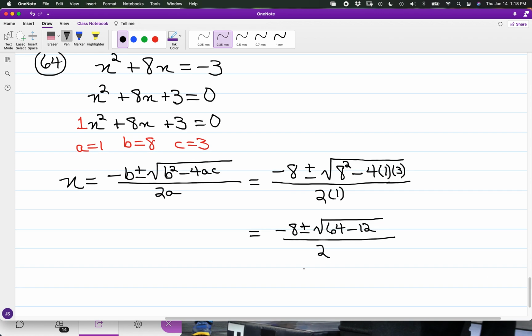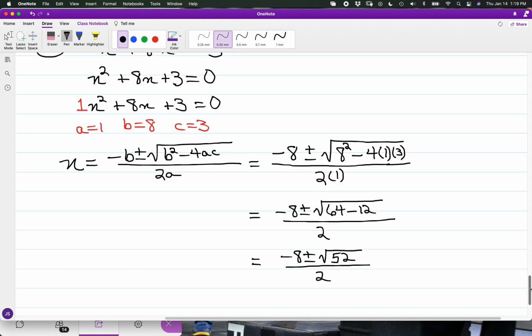Now we're going to have a situation where radical reduction will be performed. We have the square root of 52 from taking the difference between 64 and 12. Just to move over to the side here, we have the square root of 52.